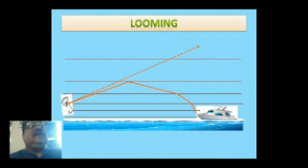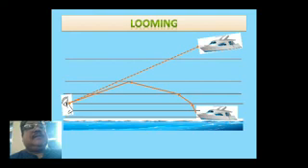A ray of light coming from the object, that is the ship, enters from denser to rarer medium, and after each successive layer there will be a refraction, and the ray of light will bend away from the normal like this. When the ray of light crosses the critical angle, it will be reflected back, and when it enters into the eye of a spectator or observer, they are able to see an inverted image of the boat much above the surface of water. This phenomenon of light is called looming.